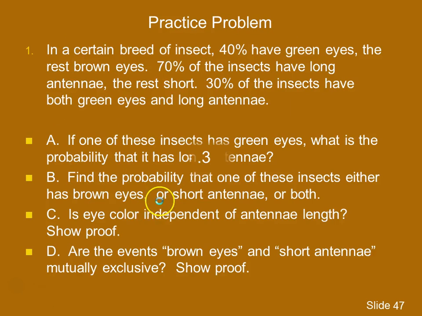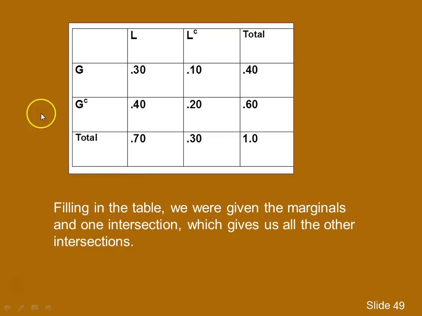Lastly, the last thing we want to look at here: are the events brown eyes and short antenna mutually exclusive events? Well, you need to remember what mutually exclusive means. Mutually exclusive means they don't intersect. Brown eyes and short antenna. Now, it's real easy to find the answer to this question if you've drawn a table. Brown eyes is G complement.